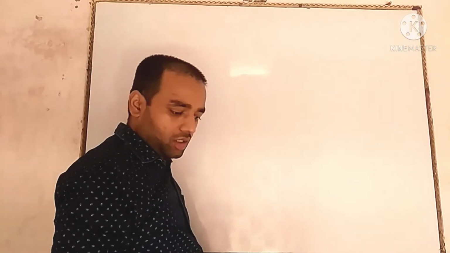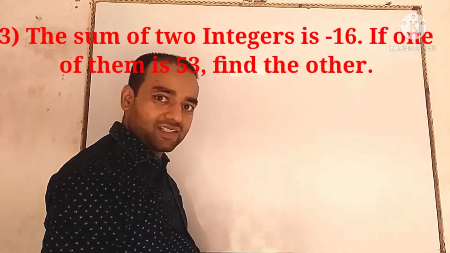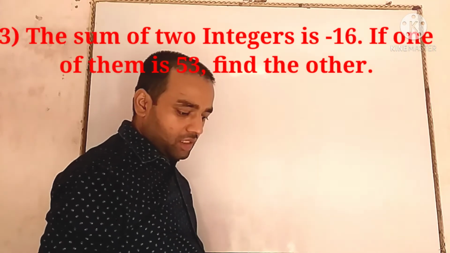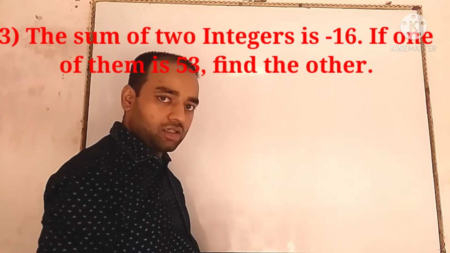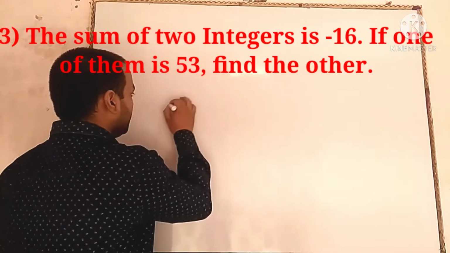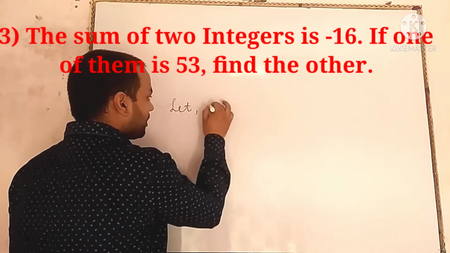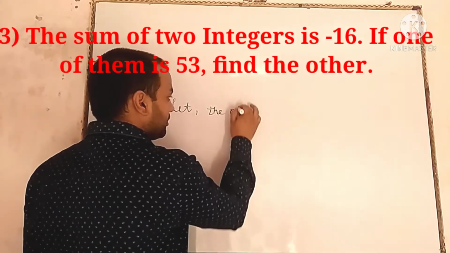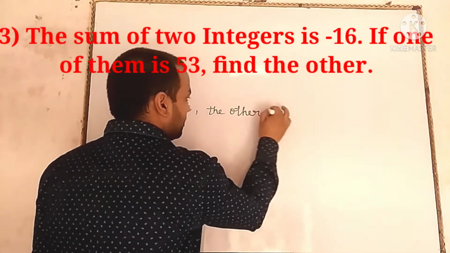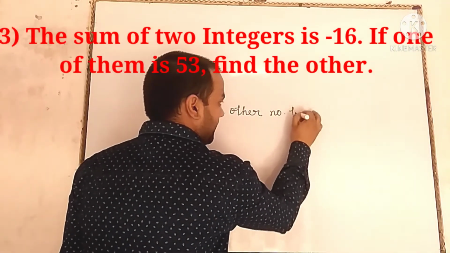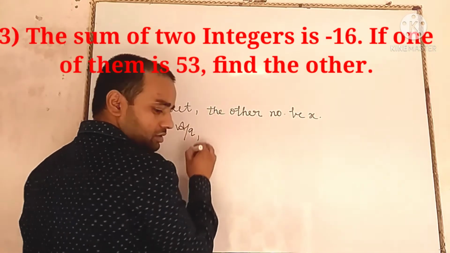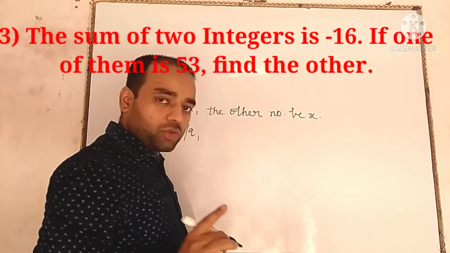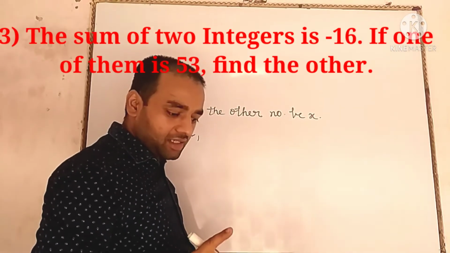In the next question, the sum of two integers is minus 16. If one of them is 53, find the other. First of all, we let the other number be x. Is it clear? According to the question, the sum of two integers is minus 16.